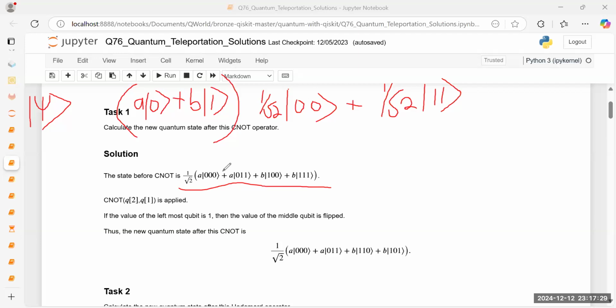So we have 0, 0, 0. 0 multiplied by 1, 1. So we have 0, 1, 1. Then 1 multiplied by 0, 0. We have 1, 0, 0. And finally, 1 multiplied by 1, 1. We have 1, 1, 1. Okay, so this is what we have when we've prepared the state that is to be teleported and we have the entangled pair.